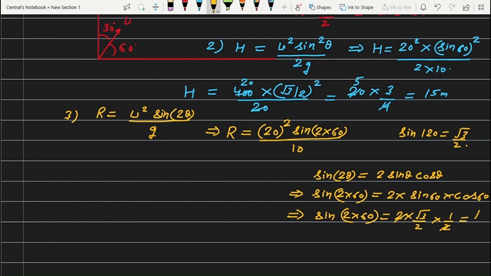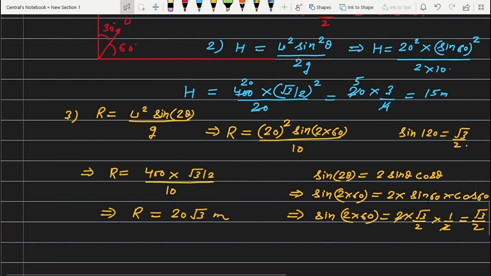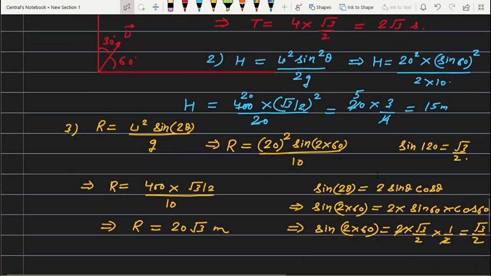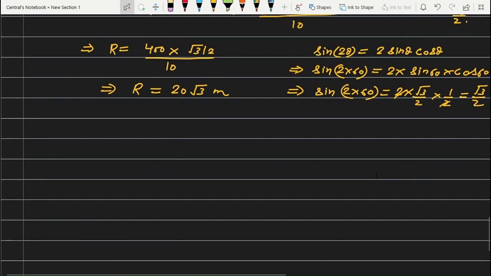So again, we will get root 3 by 2. That means horizontal range is 400 into root 3 by 2 upon 10. It will become 20 root 3 meter. So this was a question based on very basic formulas of time of flight, range and maximum height. Now the next question.